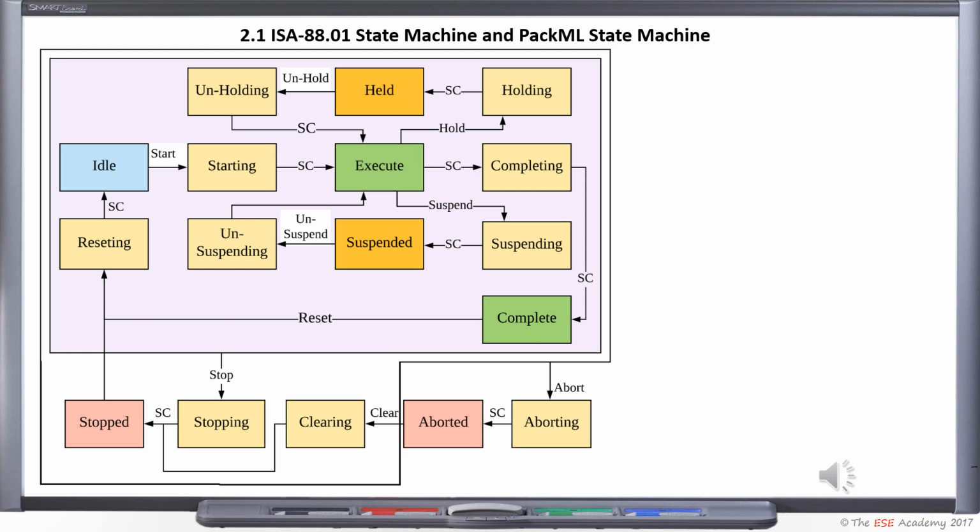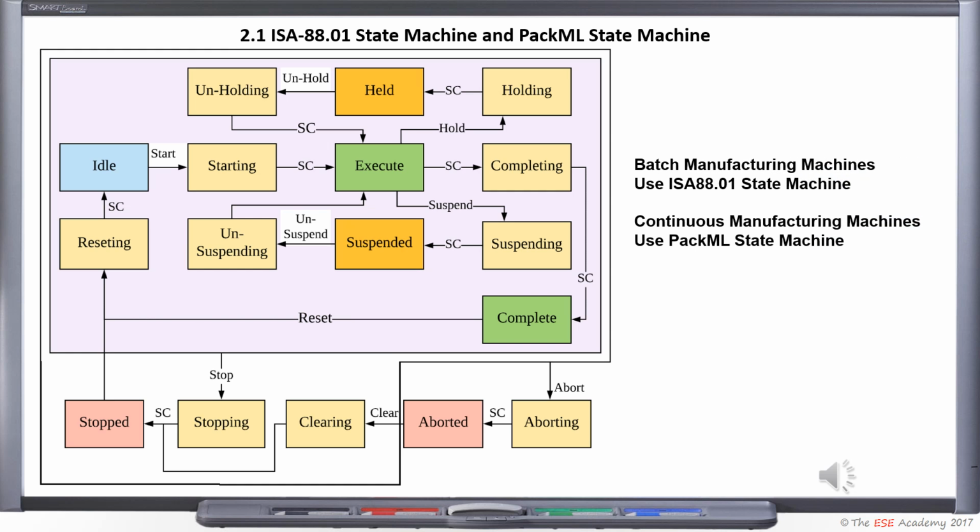This PackML state machine is similar to the ISA 88.01 state machine. Despite its name and origin, PackML can be applied to any automated equipment. PackML state machines and the ISA 88.01 state machine have marginal differences.